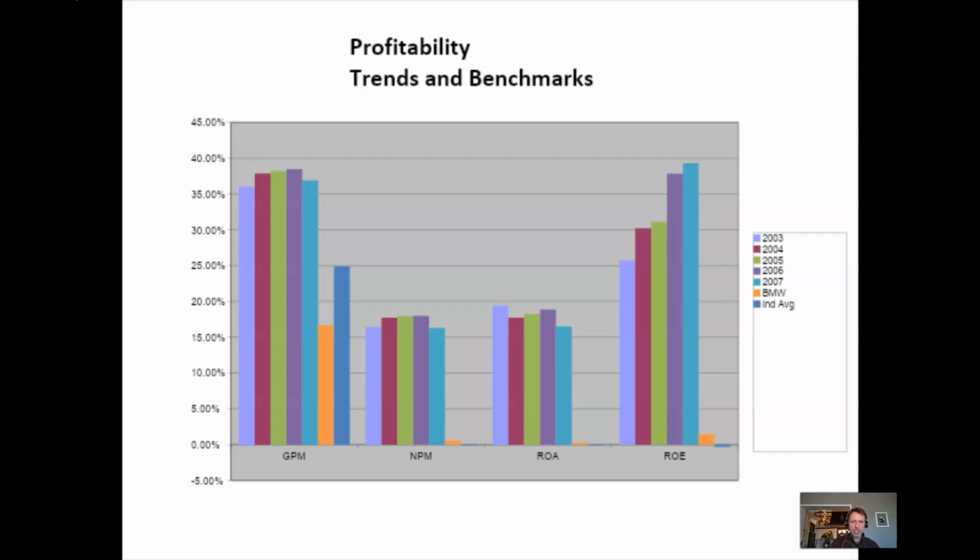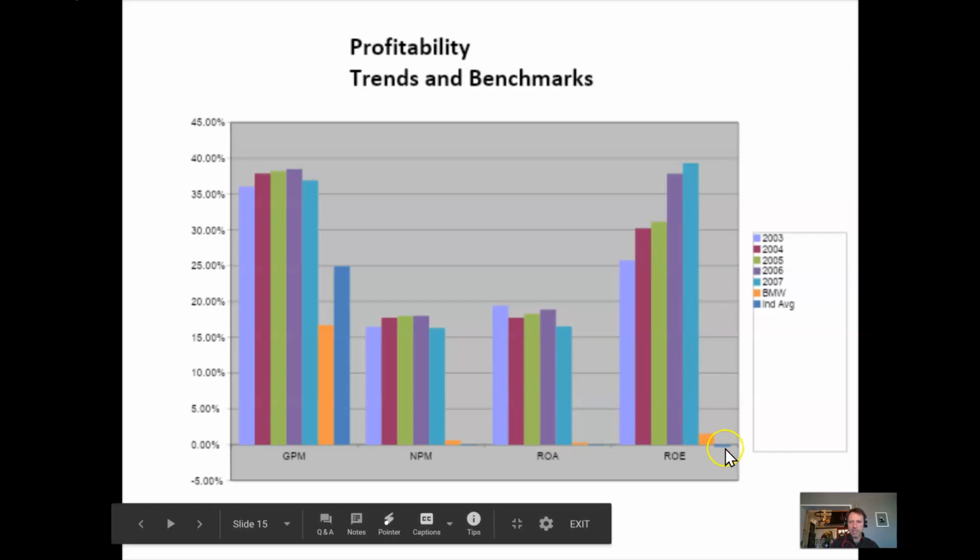Net profit margin is also significantly higher. There's almost no profit margin in the industry as a whole as we look towards the end of this time frame, 2007. Return on assets, we're also quite a bit ahead, and return on equity, which is that final category, quite a bit ahead, to the extent that it's negative for the industry as a whole.